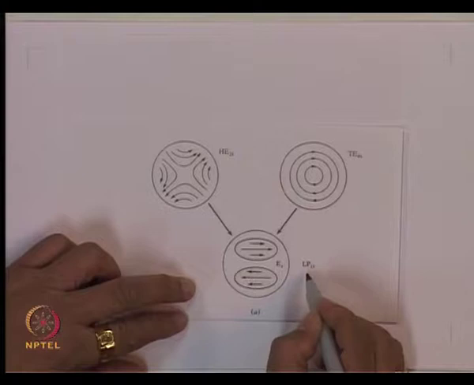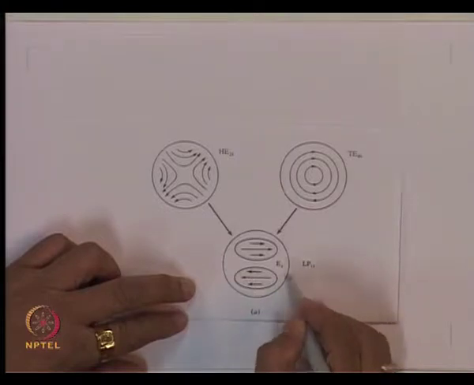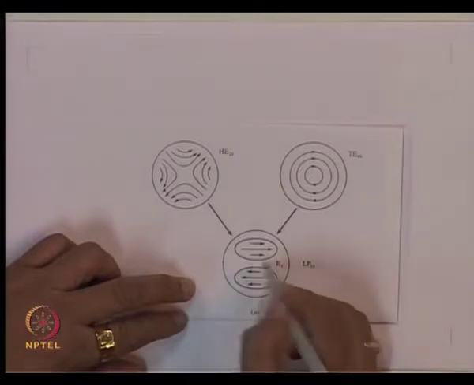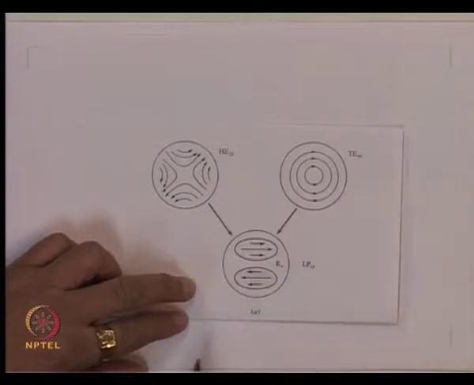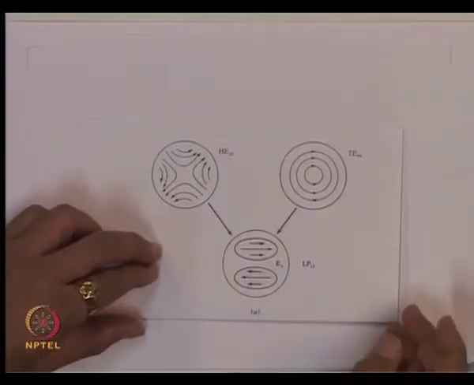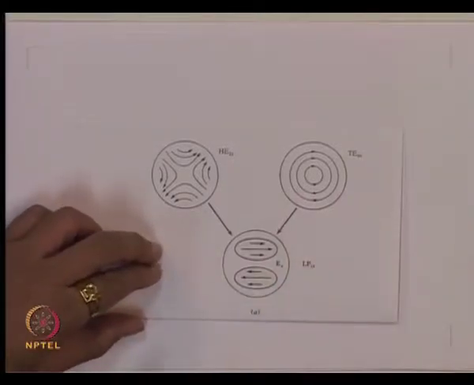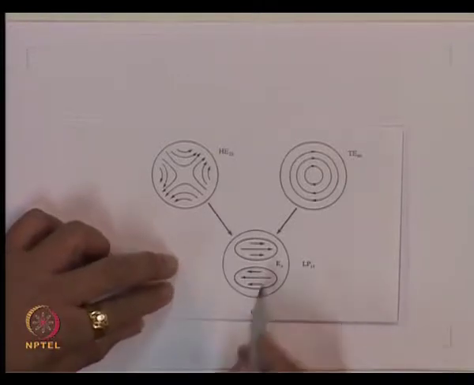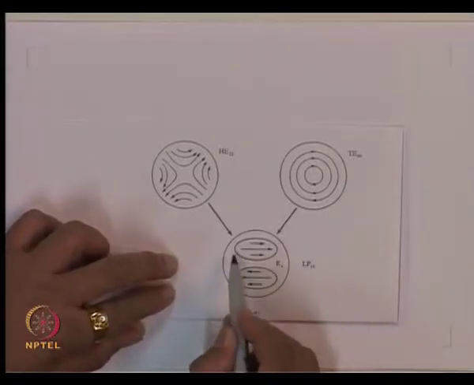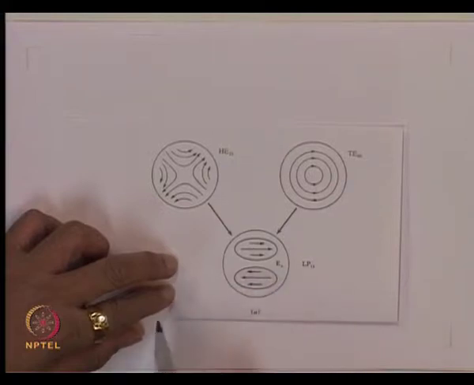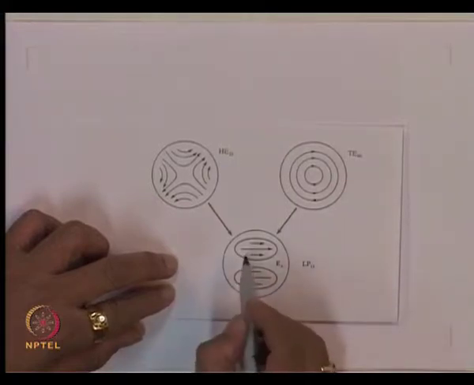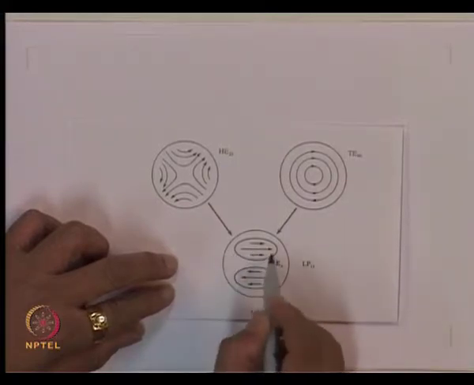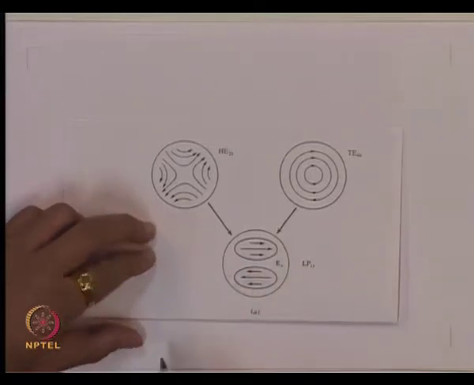So, its first index is 1. It also has a zero crossing in the radial direction, so its first solution, that is why it is the LP11 mode. An LP11 mode typically will have two intensity blobs like this, and the electric field will be polarized in the opposite direction.